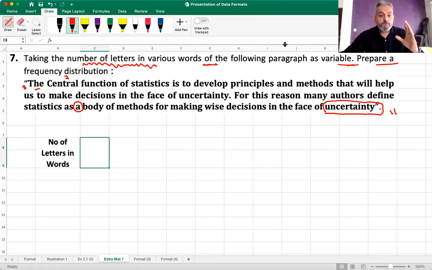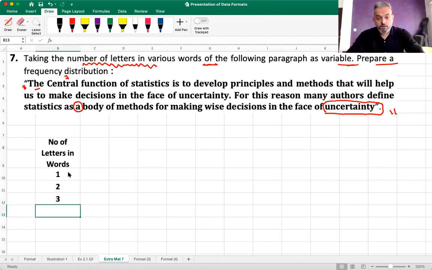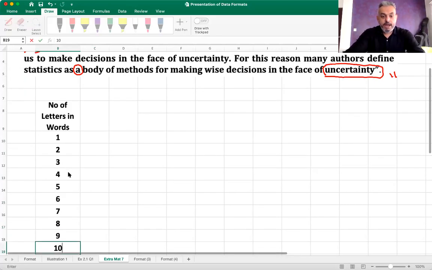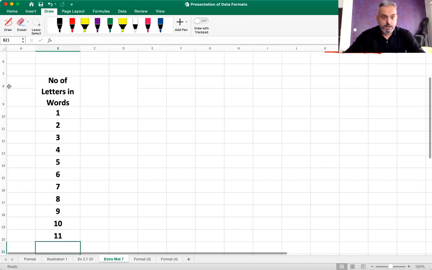So now we have number of letters in words which can be 1, 2, 3, 4, 5, 6, 7, 8, 9, 10, and 11.